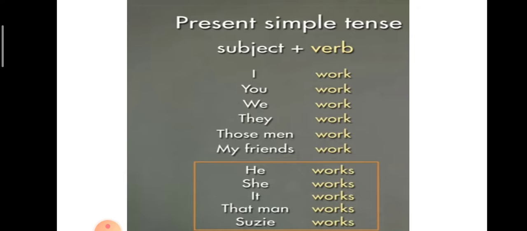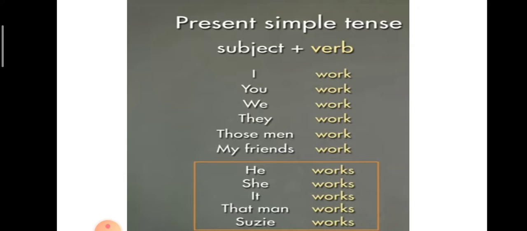Second, he works, she works, it works, that man works, Susan works. Did you notice you're just adding s to the root verb? You can add s or es when it comes to third person singular.